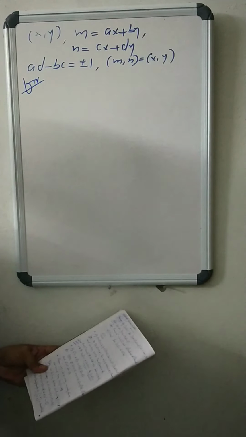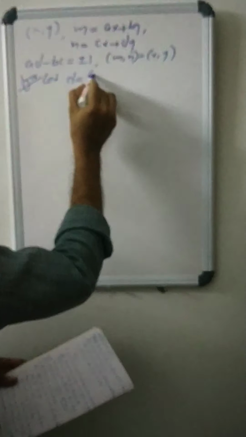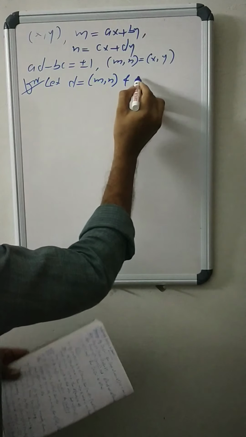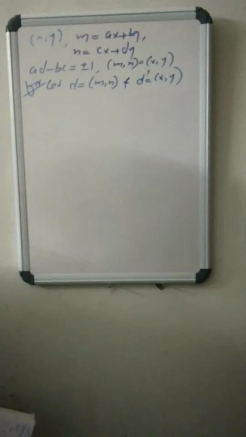Let d equal GCD of m, n and d dash equal GCD of x, y.